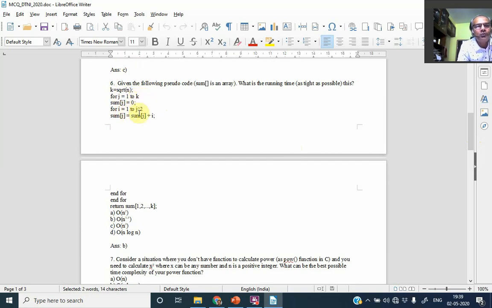The inner loop: when it is 1, it is 1 to 1; when it is 2, it is 1 to 2 square; when it is 3, it is 1 to 3 square. What is the last value? The last value is square root of n. When the value of j is square root of n, then square root of n whole square means n. It will run n times.